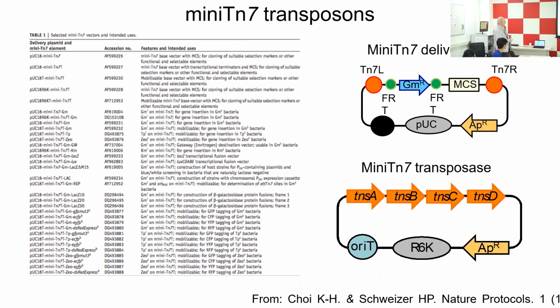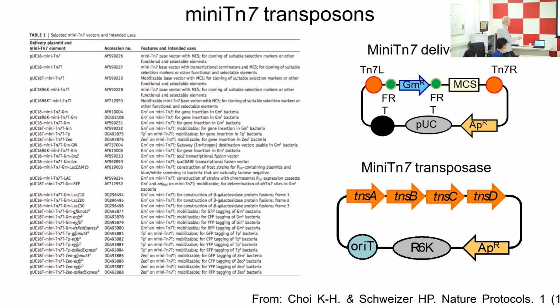In Tn7, there are many types of delivery plasmids. As you just heard, the advantage is that in the case of Tn7, the transposase acts in trans. Remember that in Tn5 and Tn10, the transposase acts in cis, so the transposase has to be provided to the cells in the same construct where the transposon is.